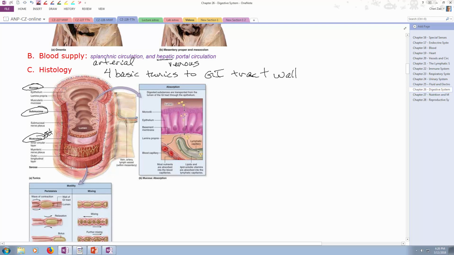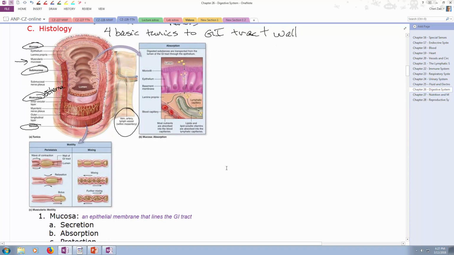We add "externa" because there is a muscularis mucosae, which means there is a little muscular layer associated with the mucosa, which is very different than what we've seen before. Then the outermost layer is the serosa, which will be visceral peritoneum if it's suspended in the cavity. Reinforcing vein, artery, and lymphatic vessels are found typically within our mesentery.